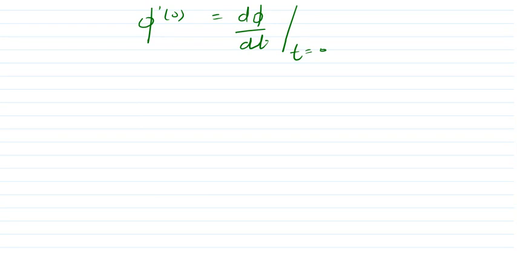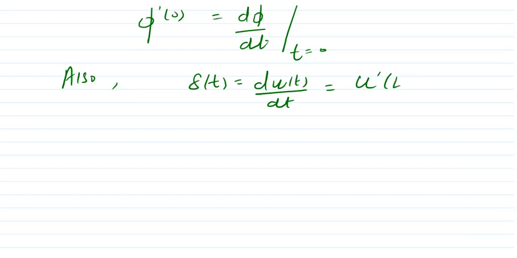Also we can find delta(t) from the unit step, that is du(t) divided by dt. If we differentiate the unit step, then we get the impulse function.